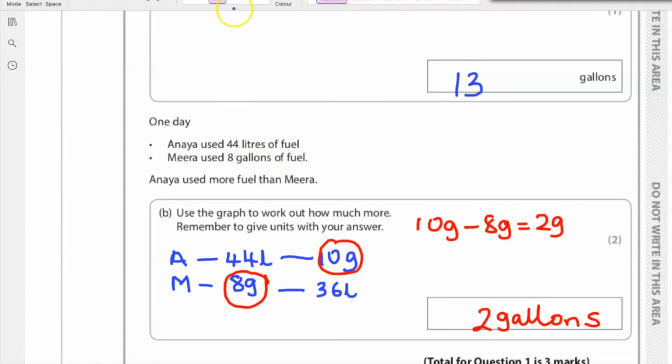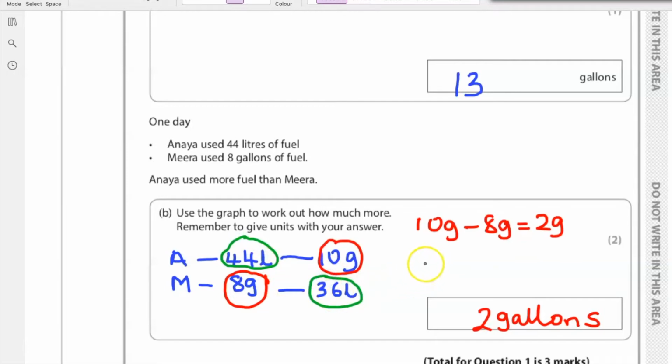Now I can compare 44 liters and 36 liters.